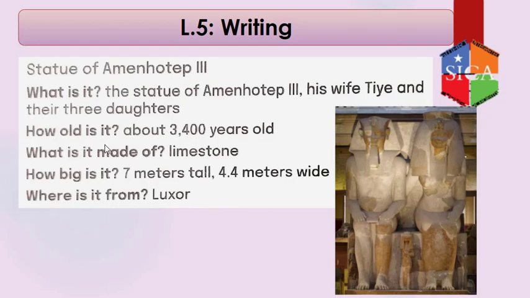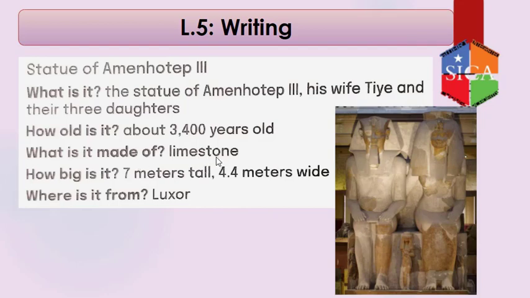How old is it? How old are these statues? About 3,400 years old. So they are very ancient. What is it made of? What is the material that the Pharaoh used to build these statues?